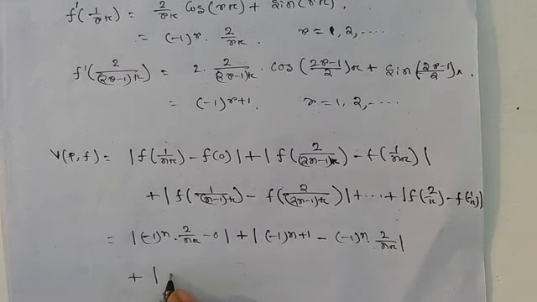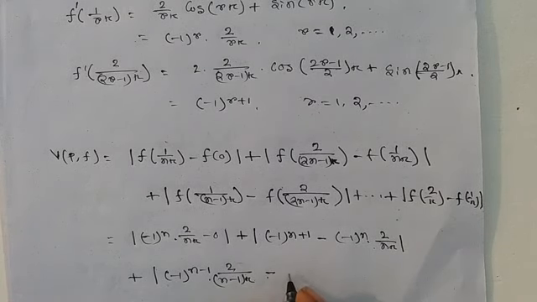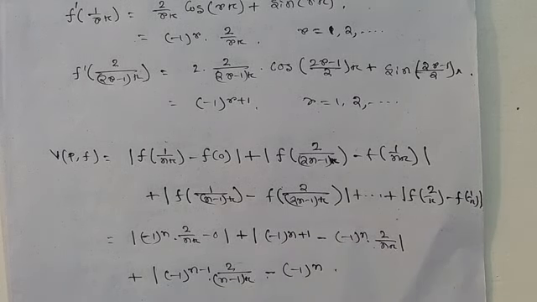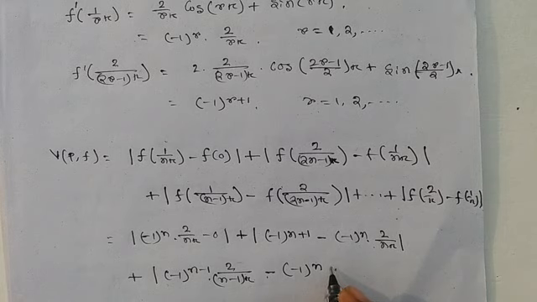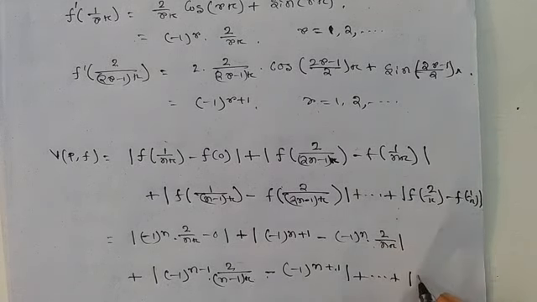Plus this becomes minus 1 to the power n minus 1, 2 into n minus 1 pi, minus minus 1 to the power n, and this is minus 1 to the power n plus 1, plus and so on, up to f of 2 by pi, this is minus 1 by 2 by pi.